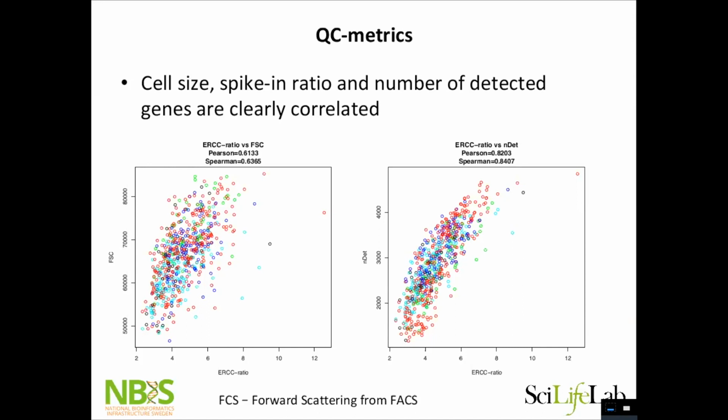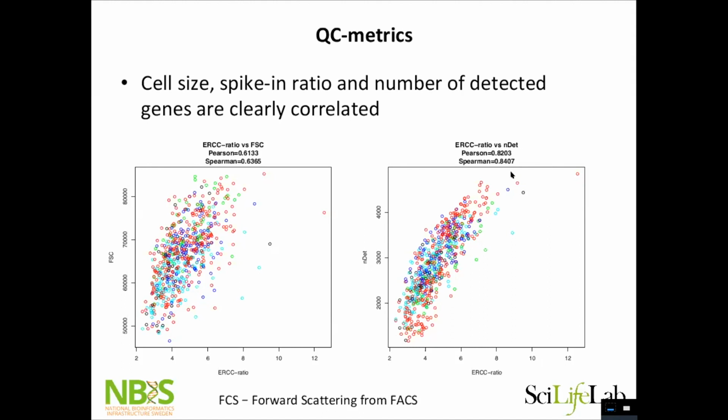And it's also something to keep in mind. This is actually innate with cells. If you look at spike ratio here versus forward scattering, which should also be a rough estimate of the size of the cells, you see that it clearly correlates: bigger cells have a bigger ratio of RNA to spike-in, and they also have a higher number of detected genes.